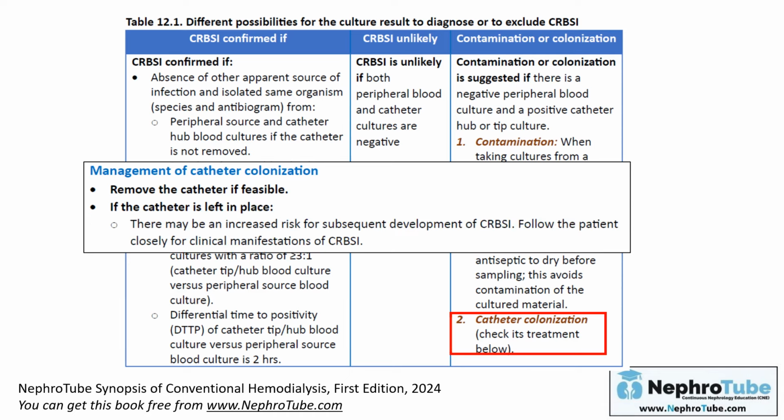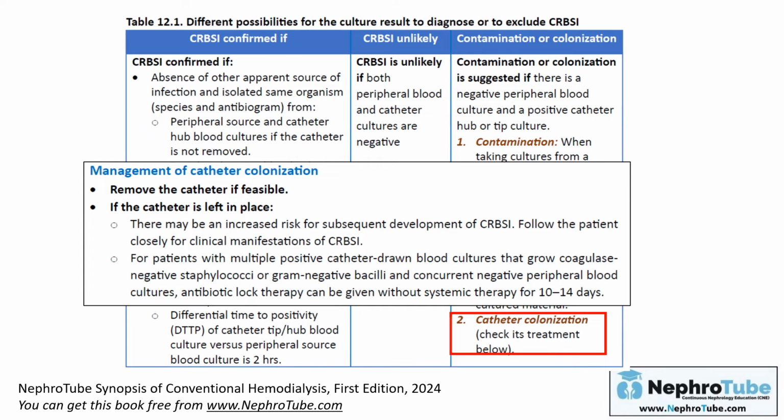But if you don't remove the catheter, you have to keep in mind that subsequent development of CRBSI is an option, and you have to follow your patient closely for clinical manifestations of CRBSI.